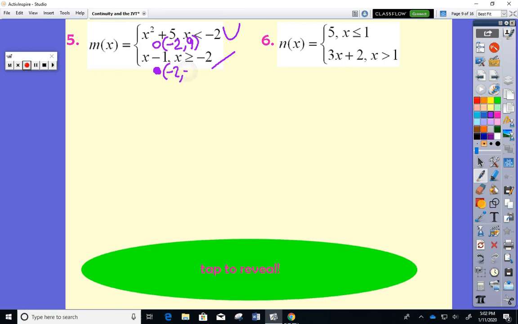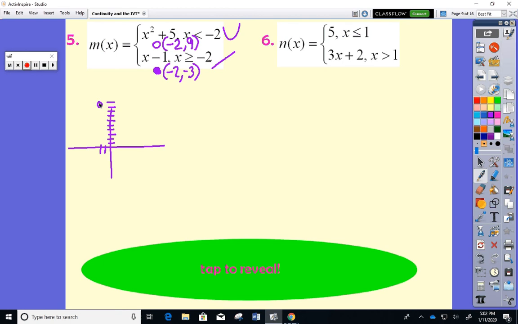It looks like -3. So now when I graph it, let's see here, -2, 9. Oh, no. Let me make that an open circle.